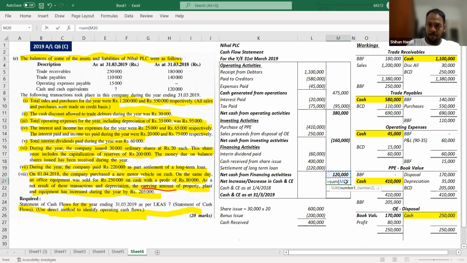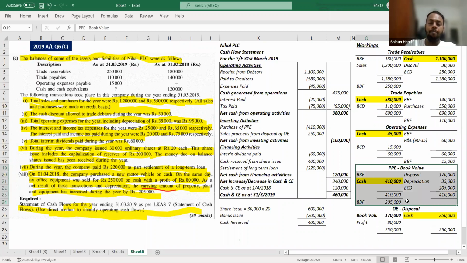There is a doubt to explain the depreciation again. Yes, I'll do that. Now, in this question, the PPE account is maintained at the book value, carrying amount. So we don't have any provision for depreciation account balances, or the accumulated depreciation account balances are not given. So at that point, we prepare the PPE account at book value or the carrying value.